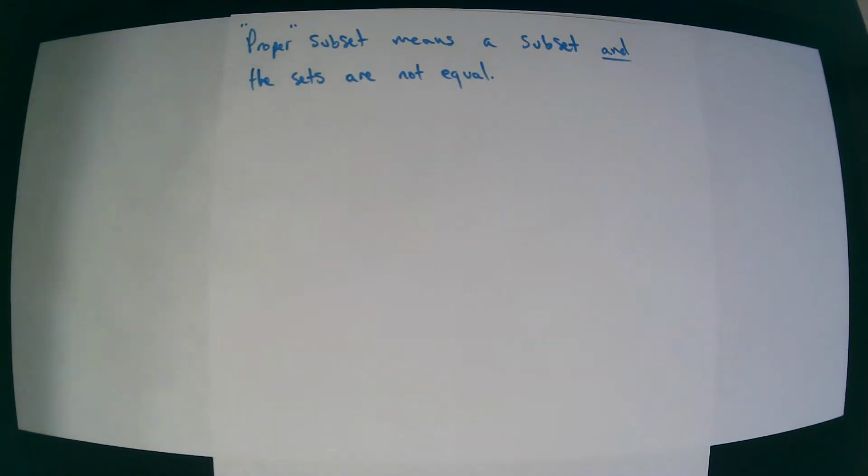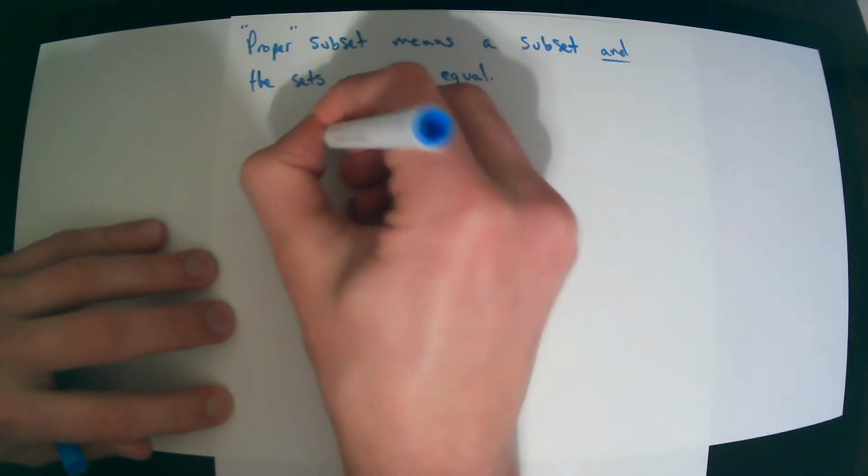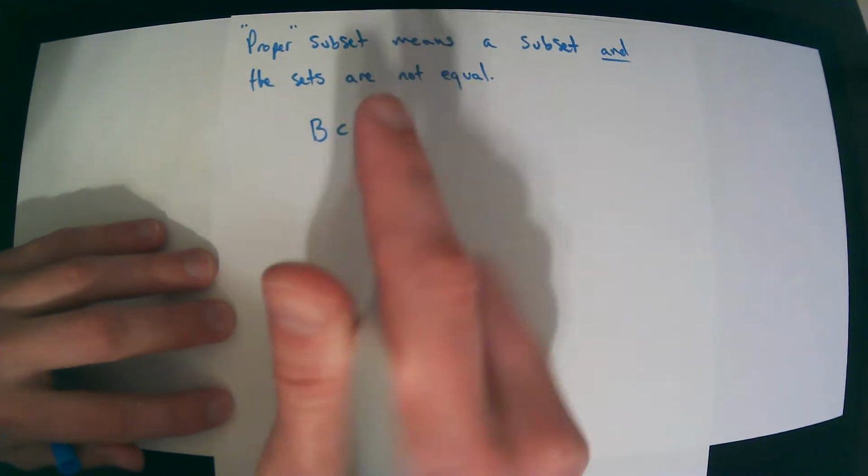The way I write it in the notes is, when B is a subset of A, and A contains at least one element that is not in B, then B is said to be a proper subset of A, and it's written, by the way, like this. B is a proper subset.